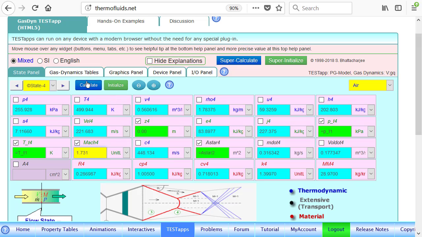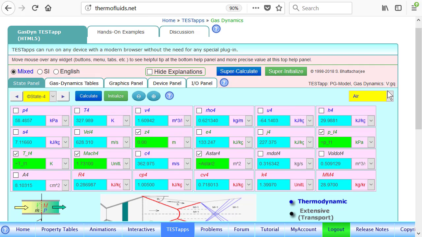And now if I do a calculate, notice, it would be very close to 8 centimeters square. The area will be calculated correctly. So whenever there are two solutions involved, you've got to always watch out for a second solution for the Mach number at the bottom of the screen.